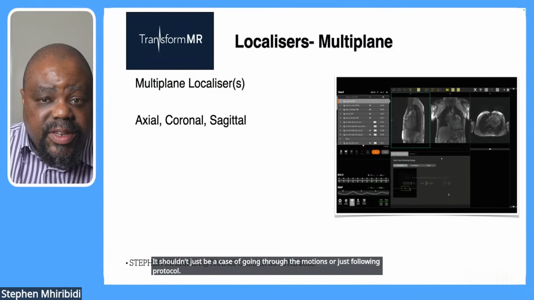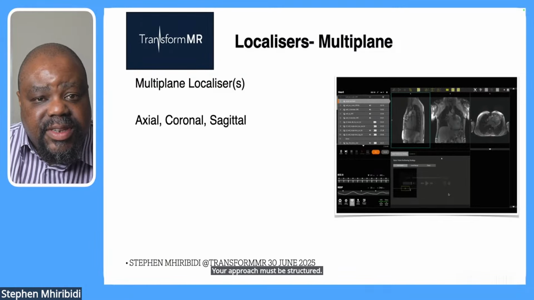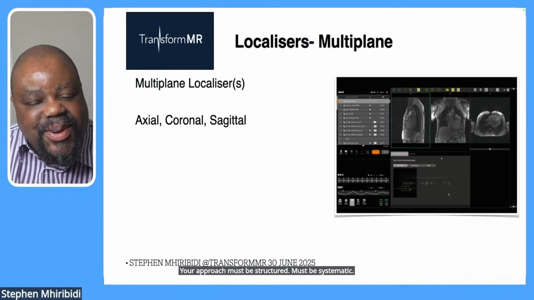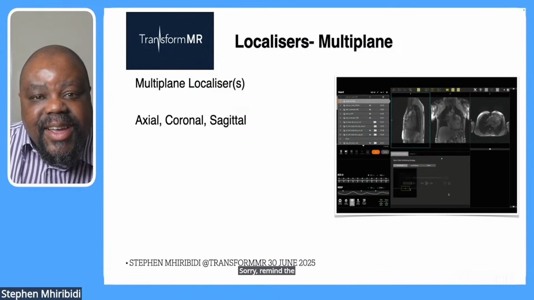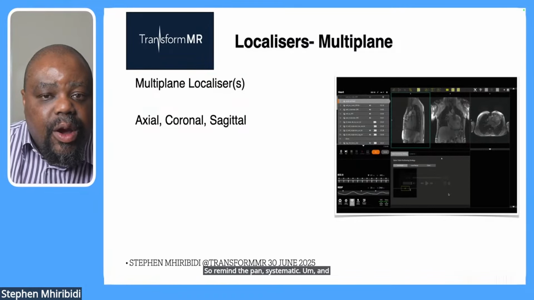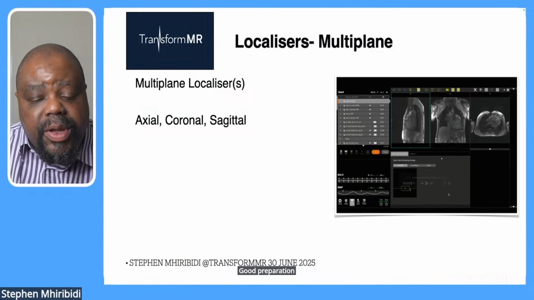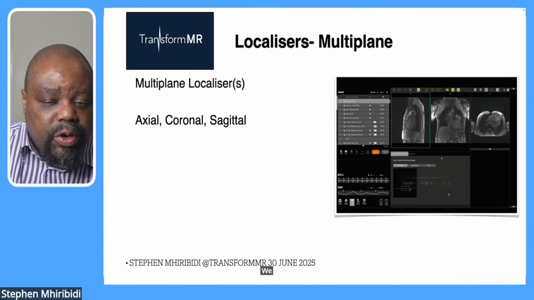Your approach must be structured, must be systematic, sorry, mind the pun, systematic, and as with everything, good preparation leads to better outcomes. In that vein, we shall approach this seminar in a somewhat structured manner.